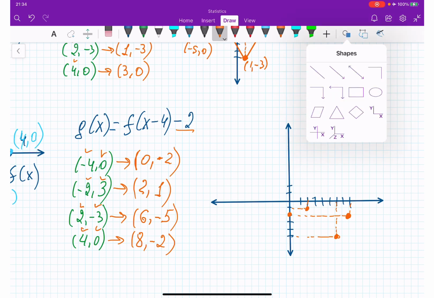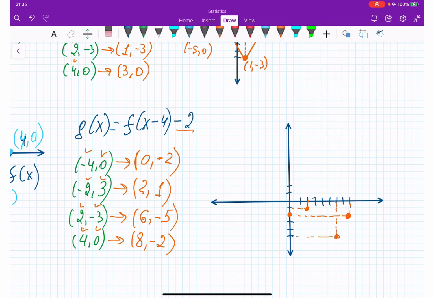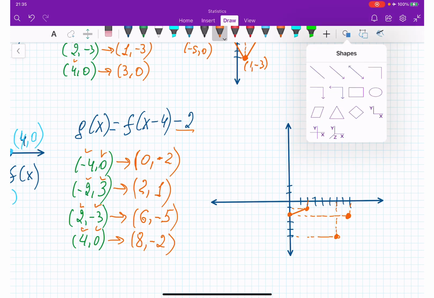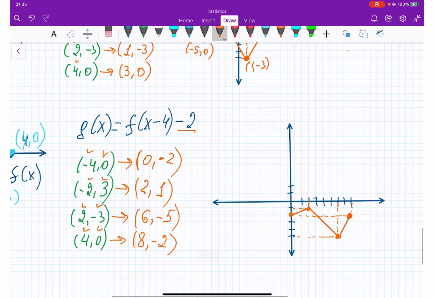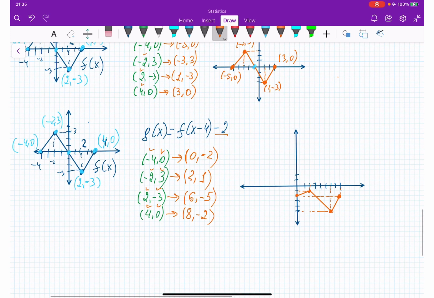Let's see what we got. This is first piece. Then we have second piece. Then we have last piece. Now compare, see what we got here.